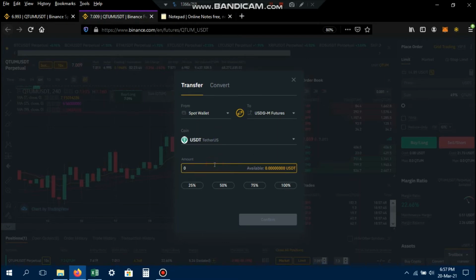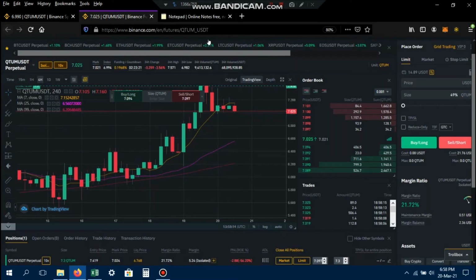You just write that number, whatever you have, then click confirm, and that USDT will be transferred from your spot to future. And the same you can do vice versa: if you have earned, for example, 100 or 200 USDT profit, you can transfer it from your USDT future to spot wallet. Okay.